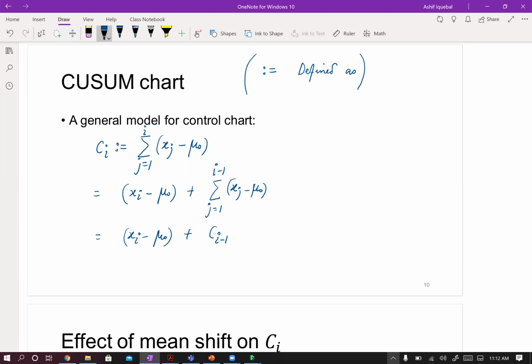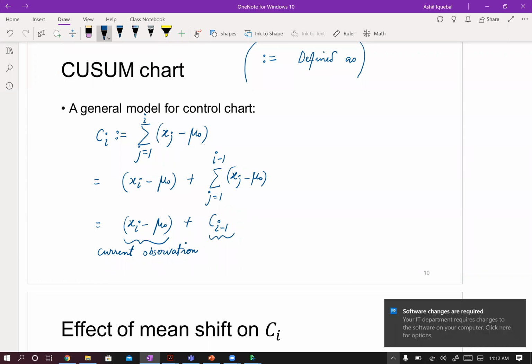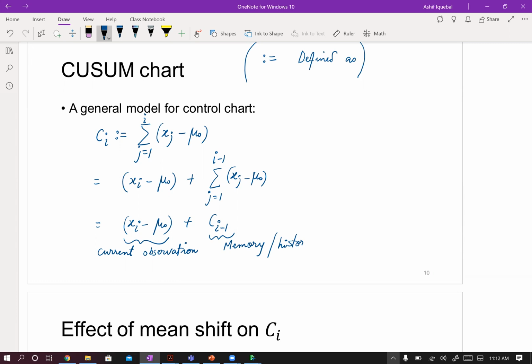And this is exactly what we did in the example, right? This term is called your current observation. And Ci minus 1 is called memory or history, whatever term you want to use.